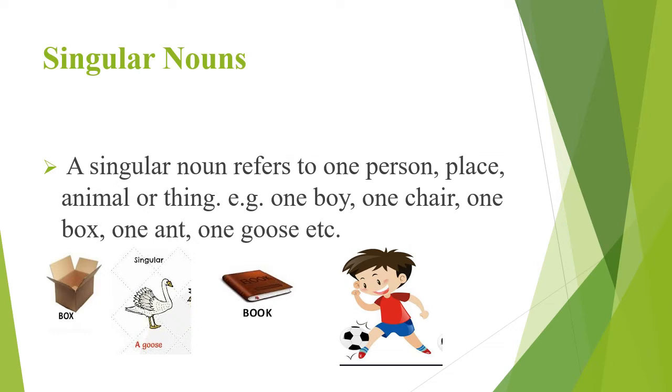A singular noun refers to one place, person, animal or thing. Singular means single, that is, only one. For example, one boy, one goose, a book, a city, a town, a park, etc.